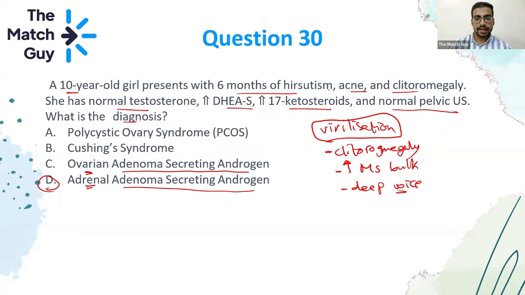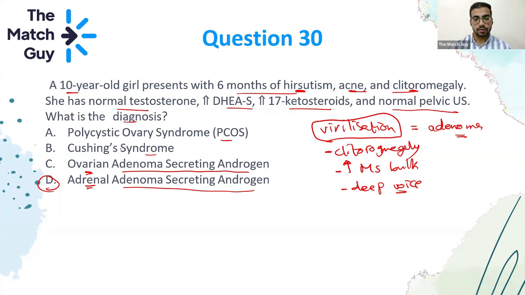What about the acne and the hirsutism? These are just manifestations of hyperandrogenism. If I just have acne and hirsutism, I'm mostly thinking of something more mild like Cushing syndrome, PCOS, some benign, mild increase of androgens. But clitoromegaly, I'm thinking virilization. Virilization in my mind equals a tumor, an adenoma. So that's why the adenoma secreting androgen.